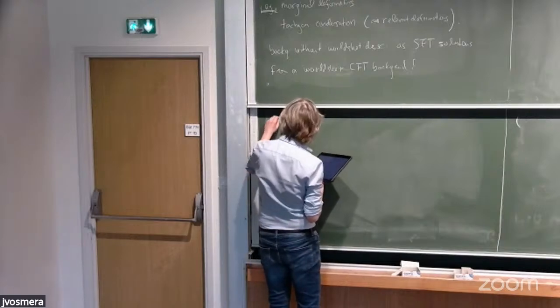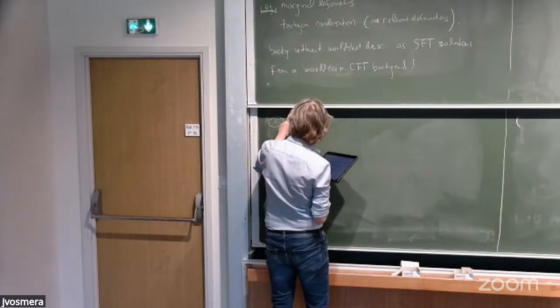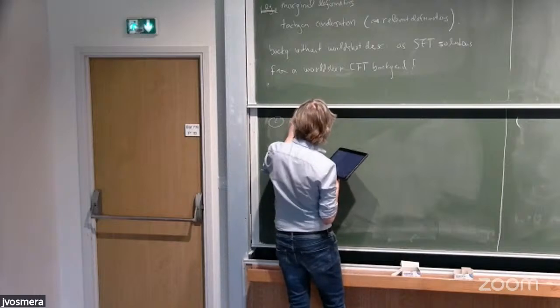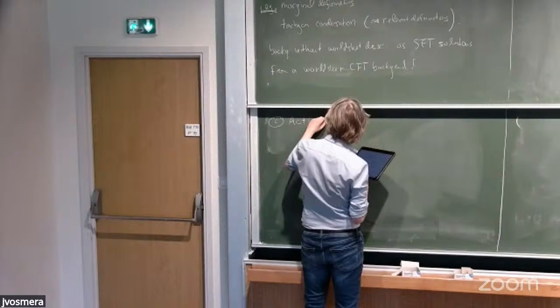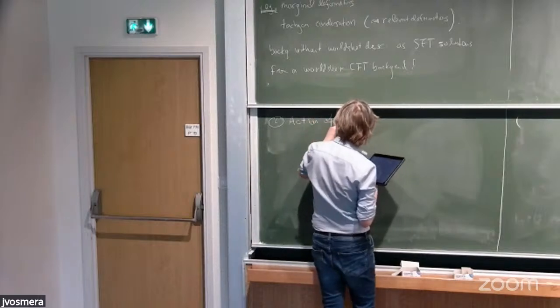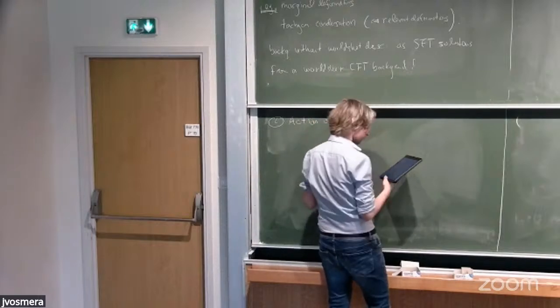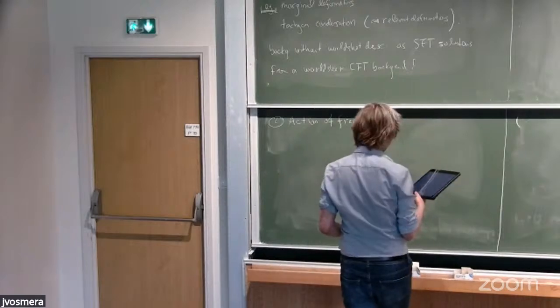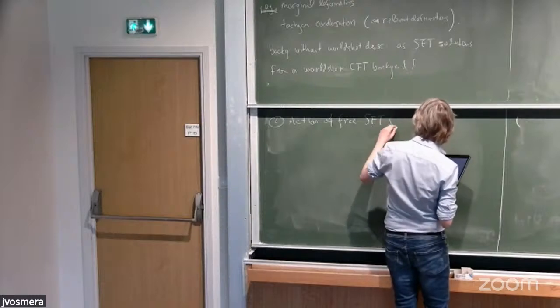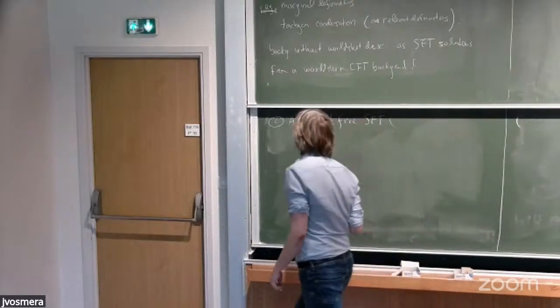So let me continue the lecture with constructing the action of string field theory. Let me actually start with constructing the action of free SFT. So that is just a kinetic term for the string fields.